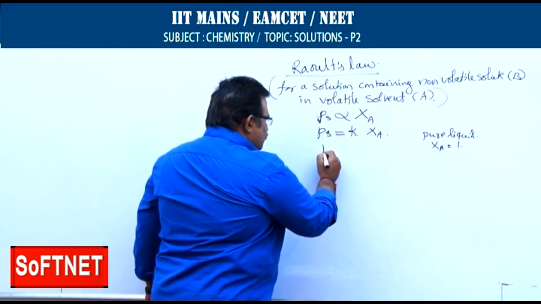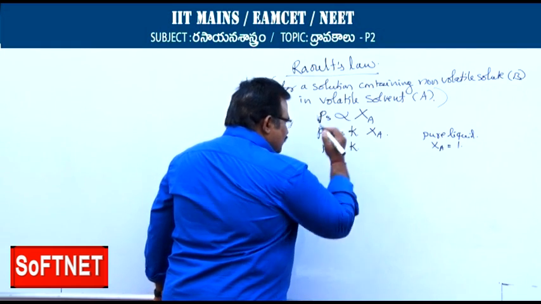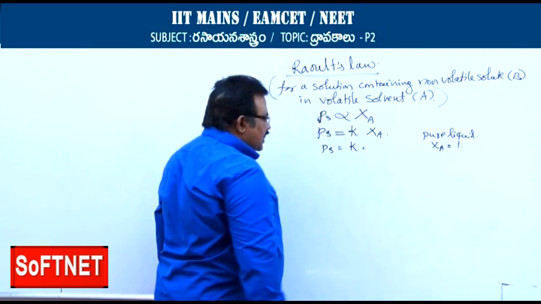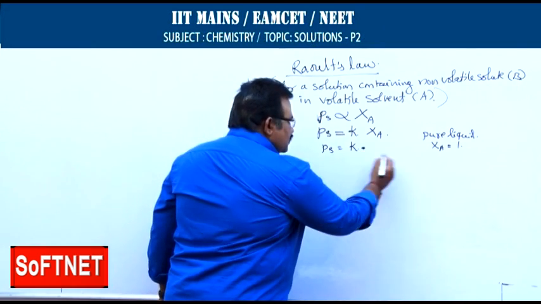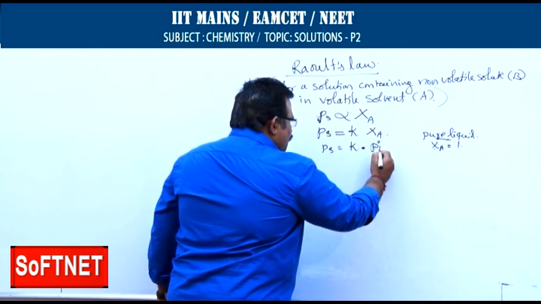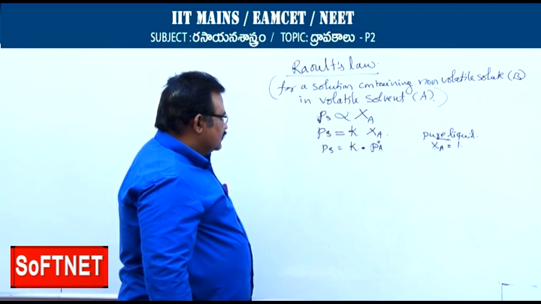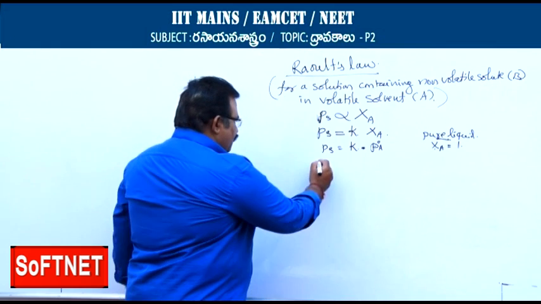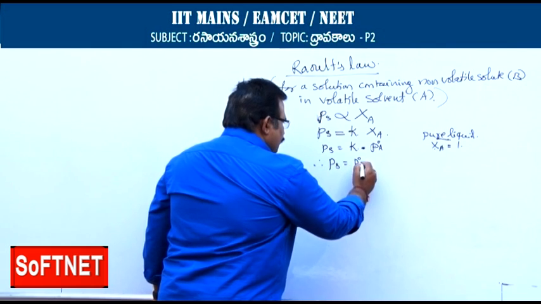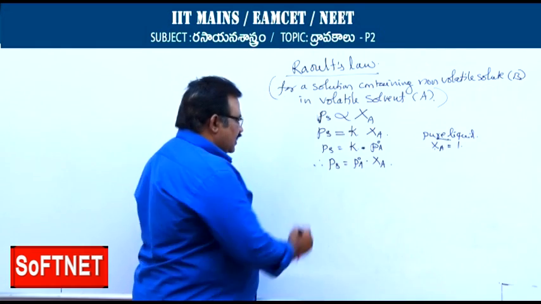If XA is 1, then the vapor pressure of solution is equal to a constant, that is equal to, since only the pure liquid is there, its vapor pressure of pure liquid, taken as P naught A. Therefore, Ps is equal to P naught A into XA.